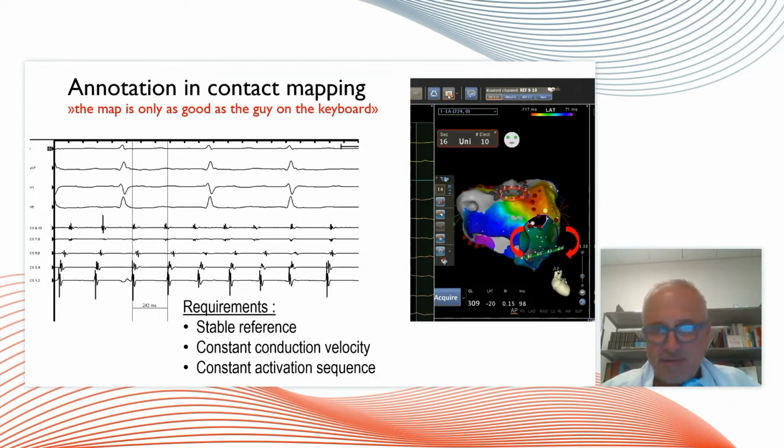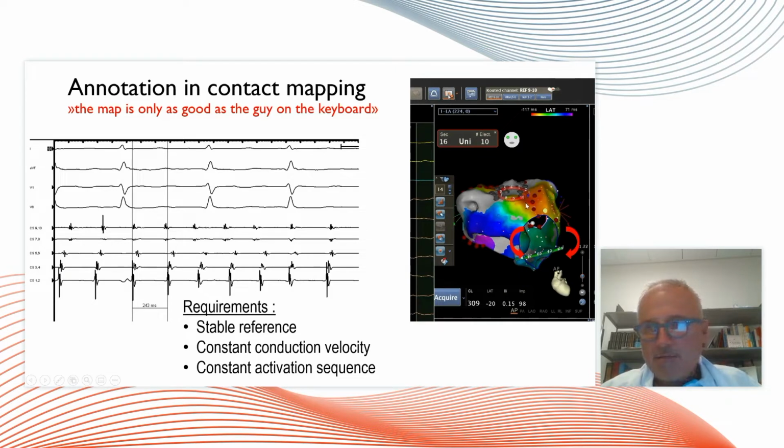This is a case which has also changing activation sequences in the coronary sinus, a Carto case. You see sometimes it's from CS1 to CS9, sometimes it's more banana-shaped, like in the middle. And in this case, we were able to find it with Carto just because we annotated only the beats which were from CS1 to CS9, only the eccentric beats, and we did not annotate the banana beats.